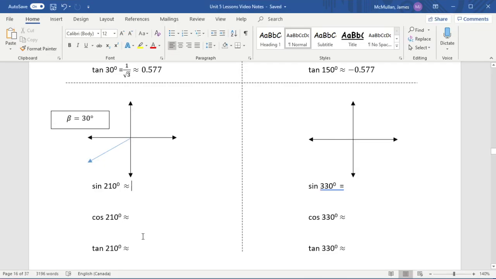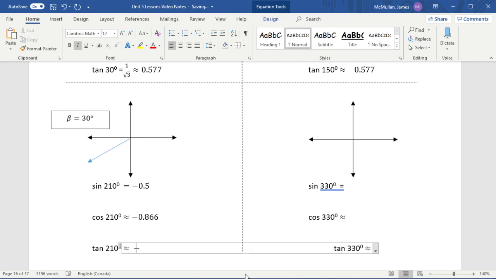Okay, so sine was negative 0.5. I actually don't need an approximate for that. It is actually equal to negative 0.5. Cos was equal to negative 0.866. Tan was equal to positive 0.577.